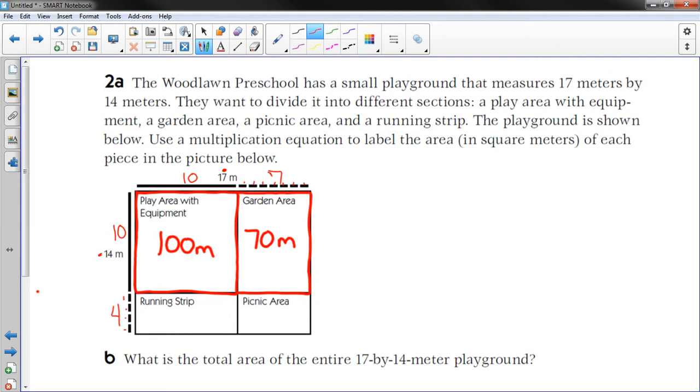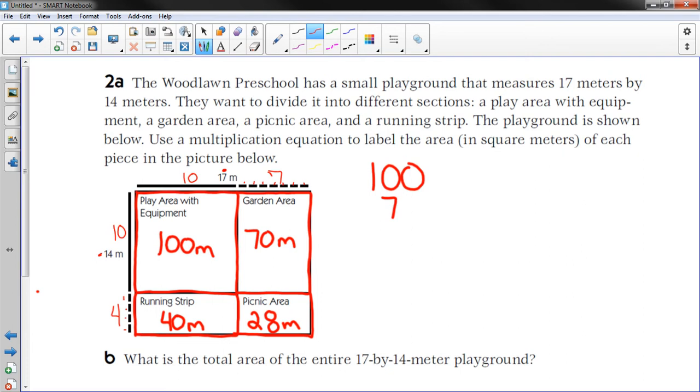And then the running strip in the lower left-hand corner, it's 4 times 10, that's 40 meters. And the picnic area in the lower right-hand corner, it's 4 times 7, that's 28. It's in meters. Now I'm going to add those up.